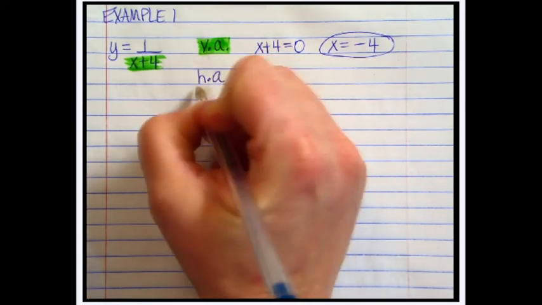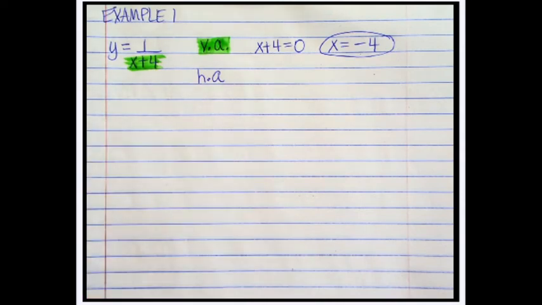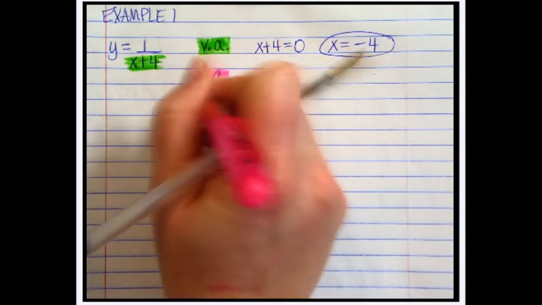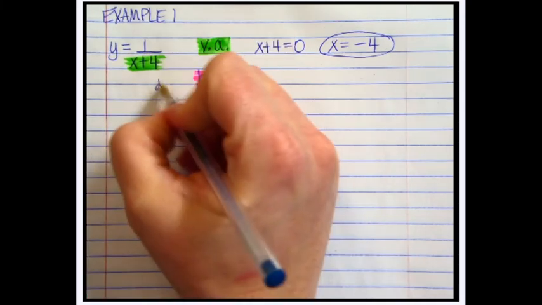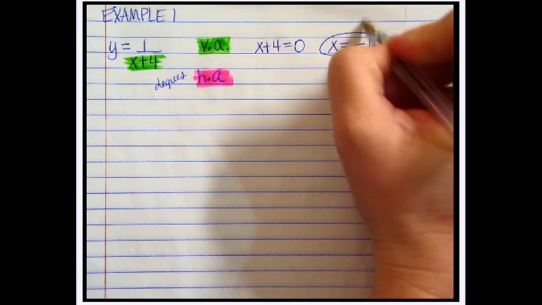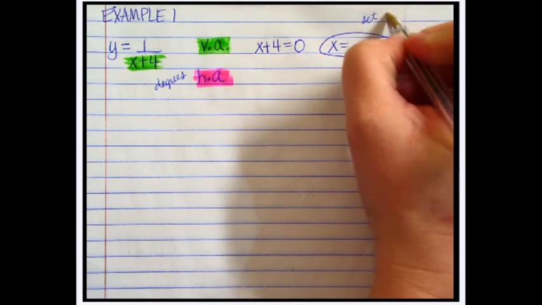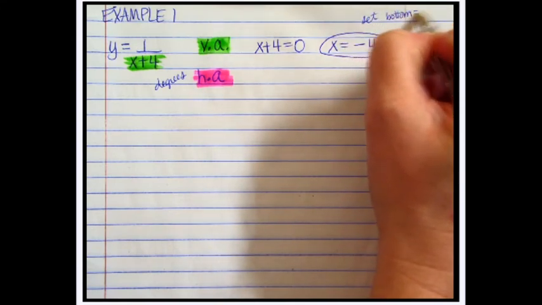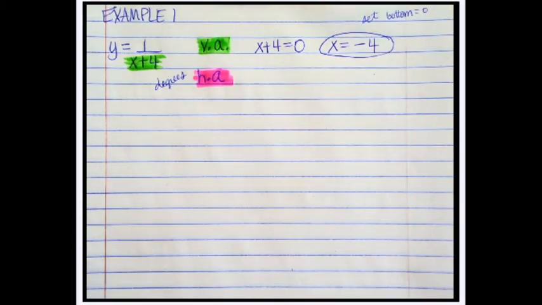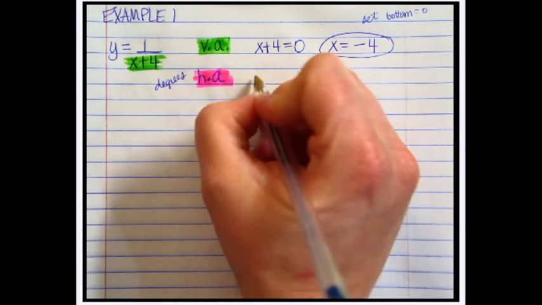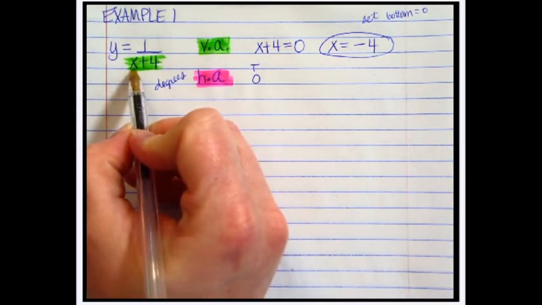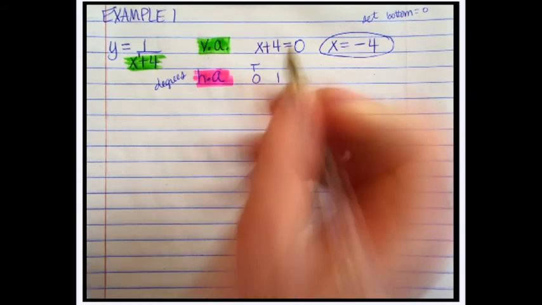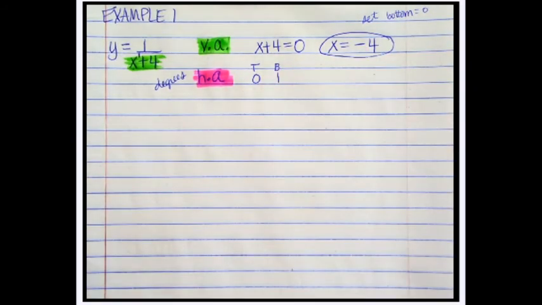Then we now look at our horizontal asymptote. To look at our horizontal asymptote, we need to look at the degrees. For vertical we set the bottom equal to 0. Here we have to look at our degrees, and the degree of the top is 0, and the degree of the bottom is 1. So how does 0 compare to 1?